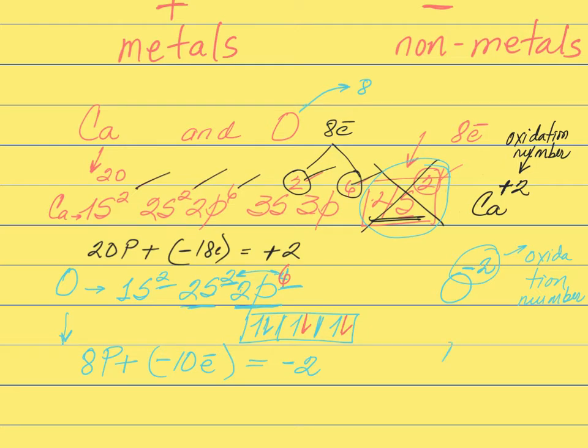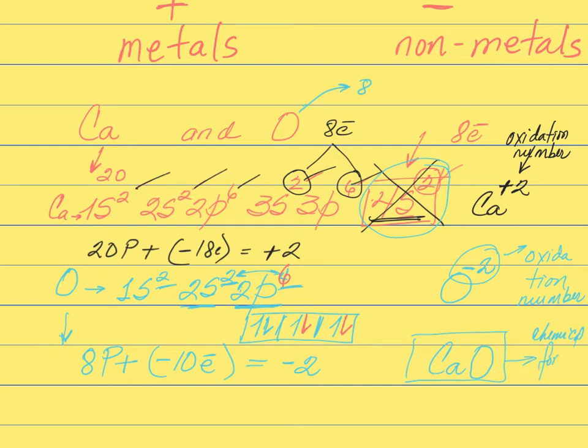So now you have calcium giving away 2 electrons, and oxygen accepting the 2 electrons. This is the chemical formula for the ionic compound that is formed after calcium reacts chemically with oxygen.